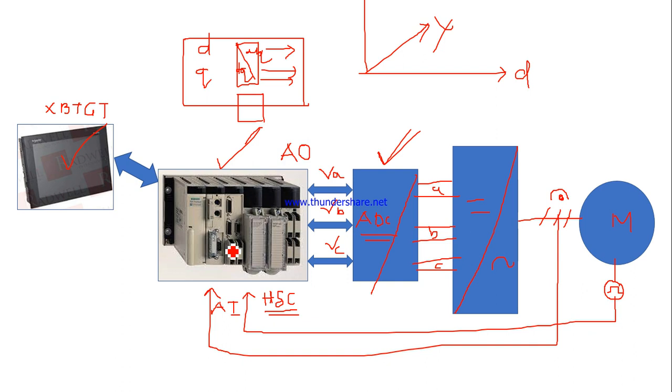So when we are going to design something, it is always better to use off-the-shelf components. So this is a concept, and this we will implement. This is my proposal with one university to design this system for medium voltage application.